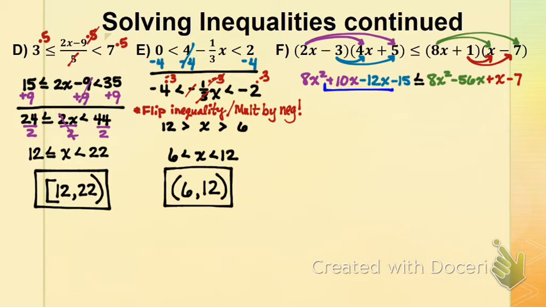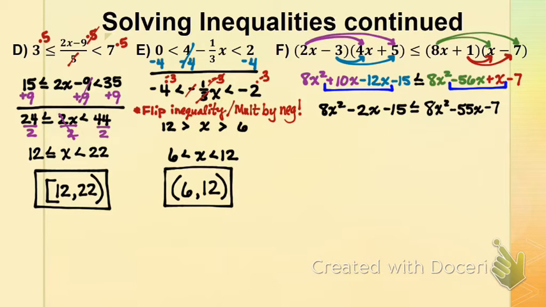Combine some like terms. So after I'm done with my double distribution, I get 8x squared minus 2x minus 15 is less than or equal to 8x squared minus 55x minus 7.